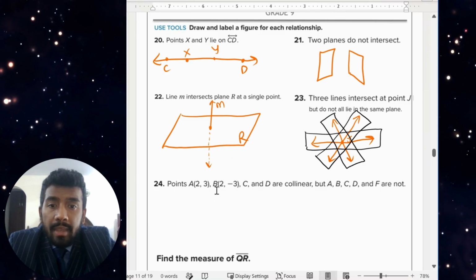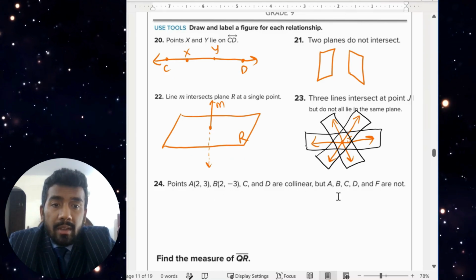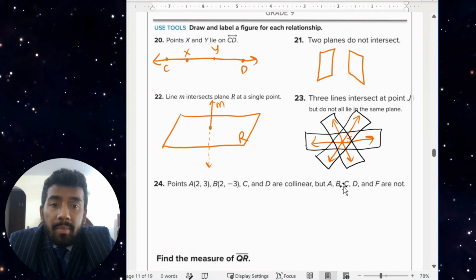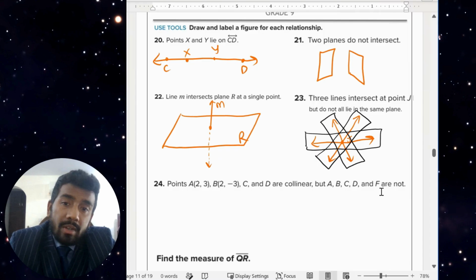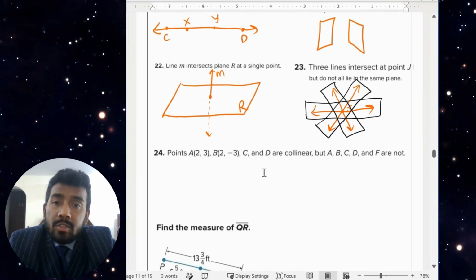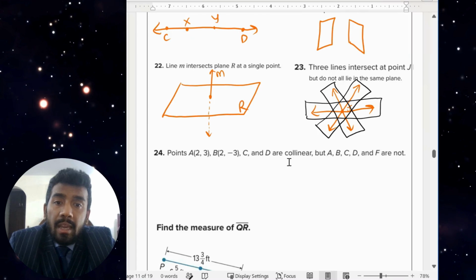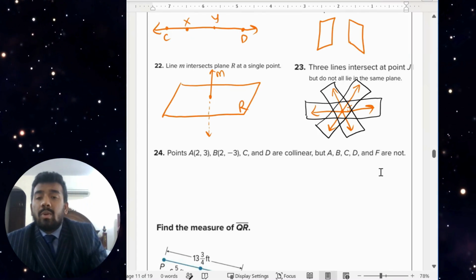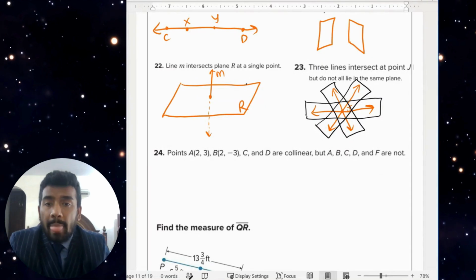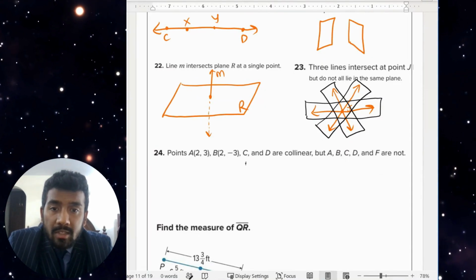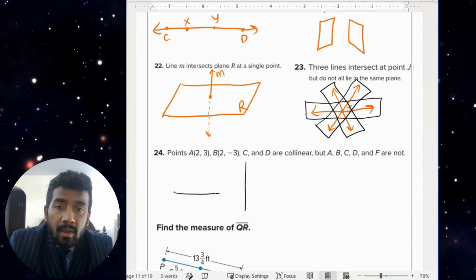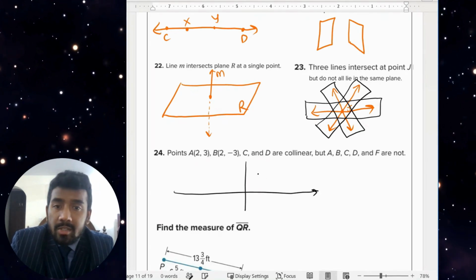Points A, B, C, and D are collinear, but A, B, C, D, and F are not. So A, B, C, D are collinear, but F is not. So put a point F outside. For you to understand, you don't have to draw this.